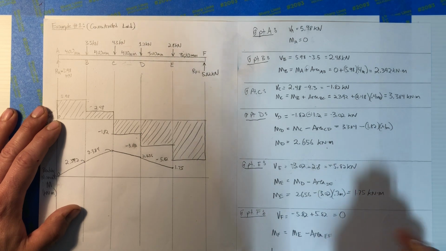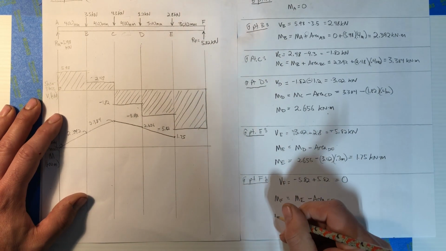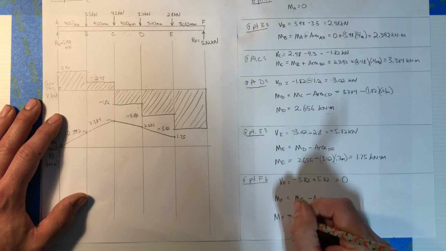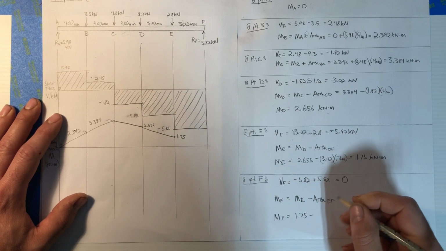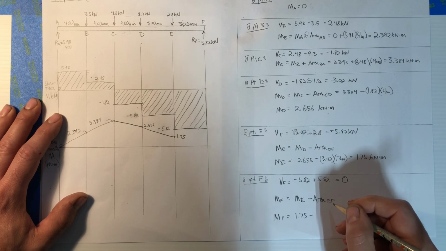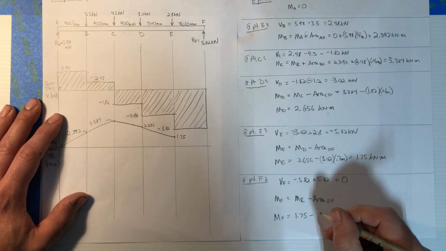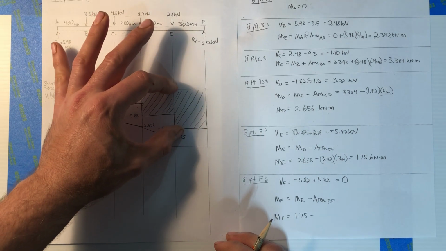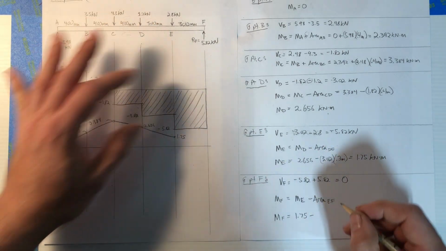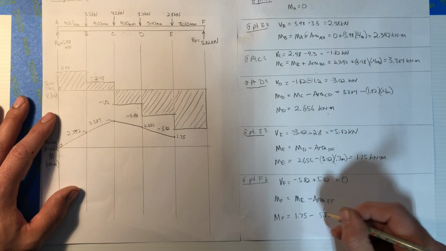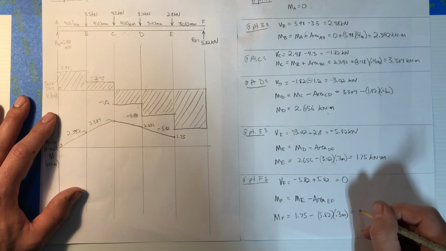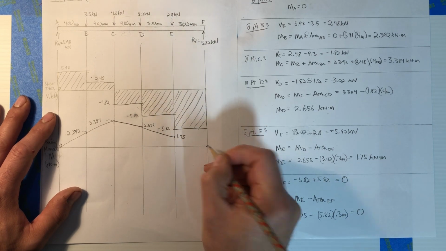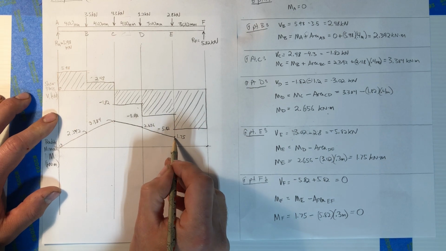Let me move up a little bit. My MF value is equal to ME, which was 1.75, minus area EF. Here's the total area, right? This is going to be 5.82 times 0.3 meters, and that's going to turn out to be 0. So the moment has to start and end at 0.